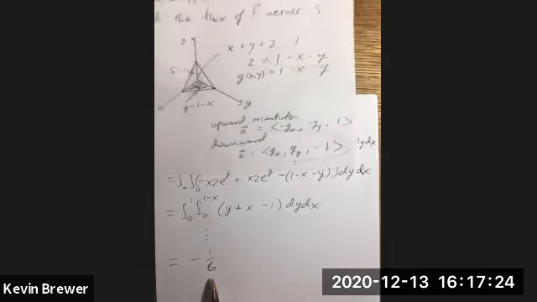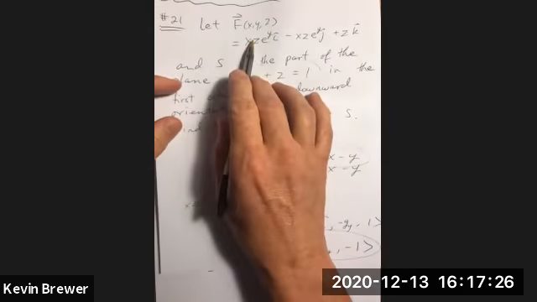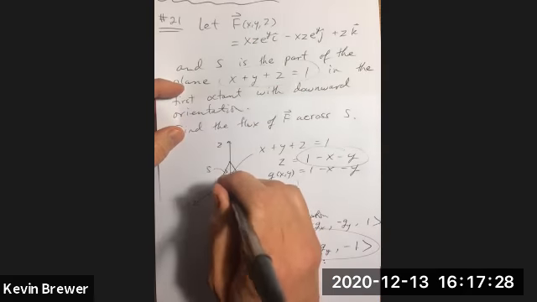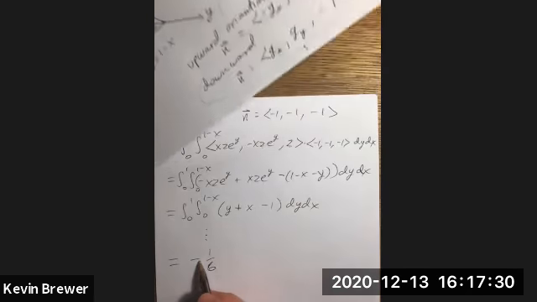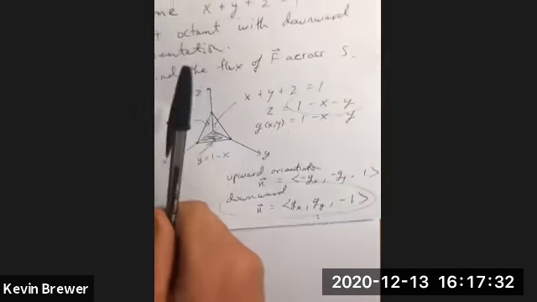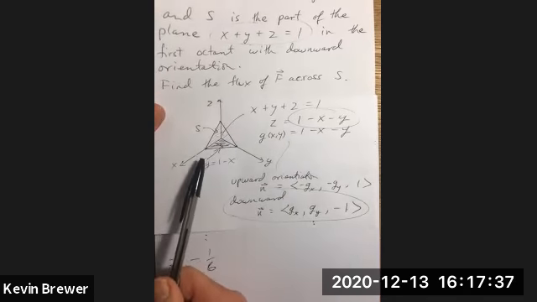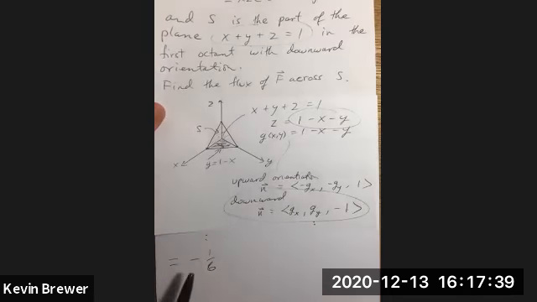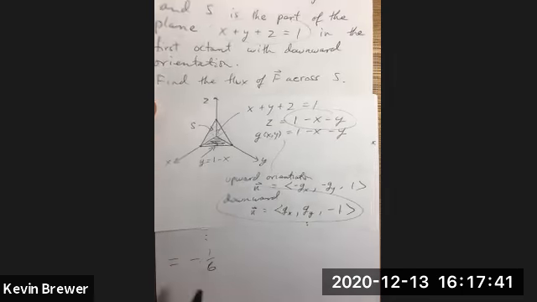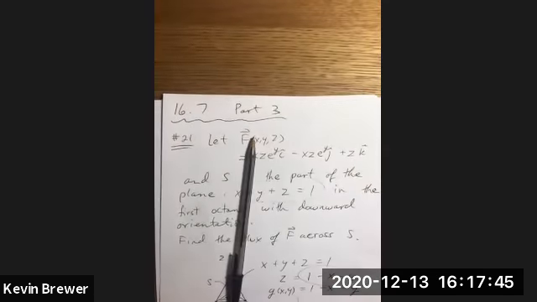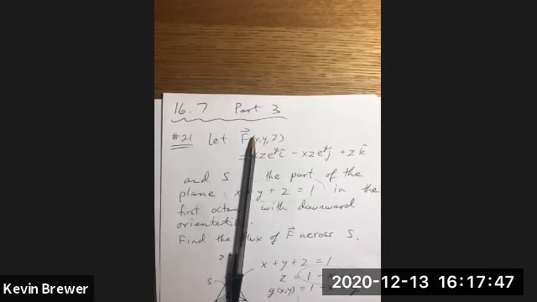Now the fact that the downward flux across S is negative, what that really tells us is that the net movement is in the opposite direction. So had we computed the upward flux across S, we would have got positive 1/6. Okay, we'll come back and look at more later.